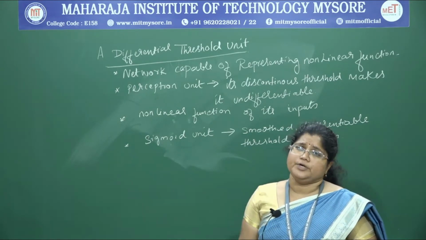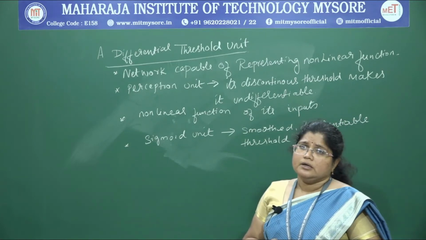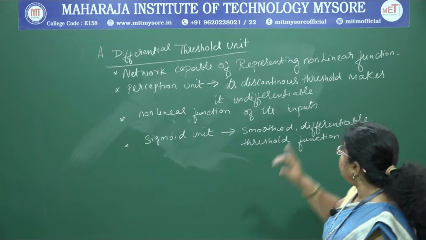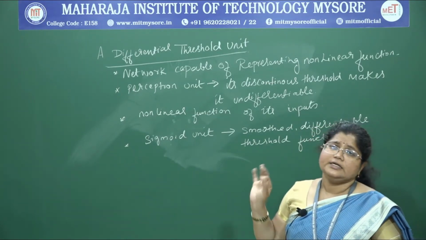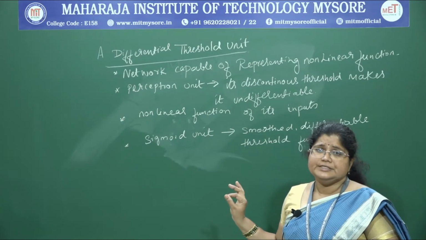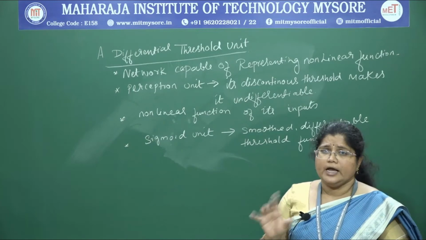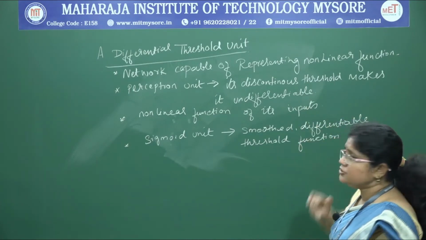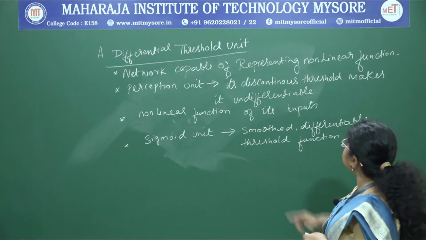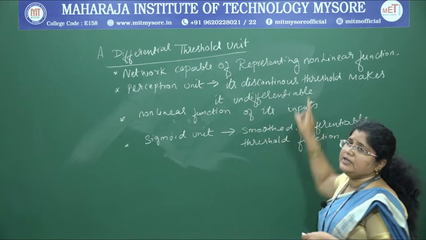The perceptron unit is not suitable to obtain gradient descent in a multi-layer neural network, and it has its own drawback: its discontinuous threshold makes it undifferentiable.